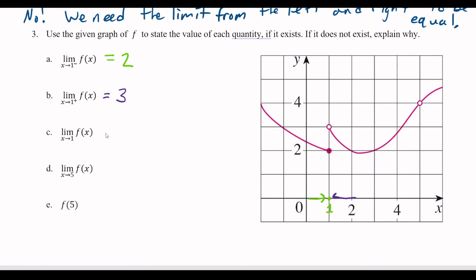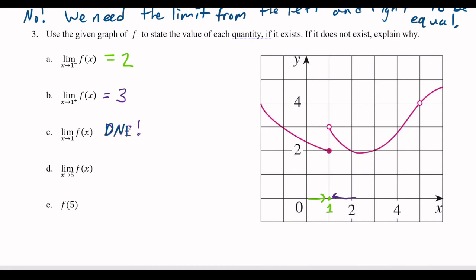Okay, well, what about the limit as I approach 1? General limit as I approach 1 of this function. Well, from the left I said it was 2, from the right it was 3. These are not equal, so this does not exist. D and E. Okay? Let me actually do that in blue so you have it on the paper in blue.